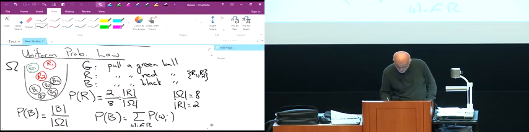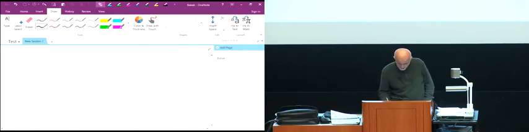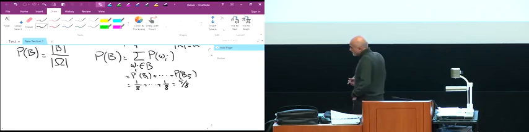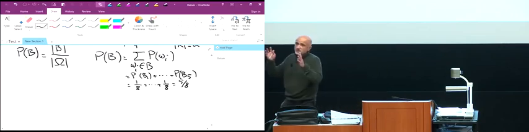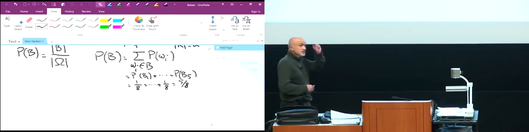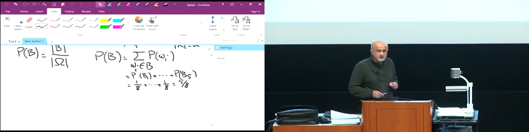Things become more subtle when we move to continuous probability. When I have a continuous probability setup, let's say a square of size 1 and I throw a dart somewhere in there, what's the likelihood that I will hit exactly a particular point, let's say (0.5, 0.5)?